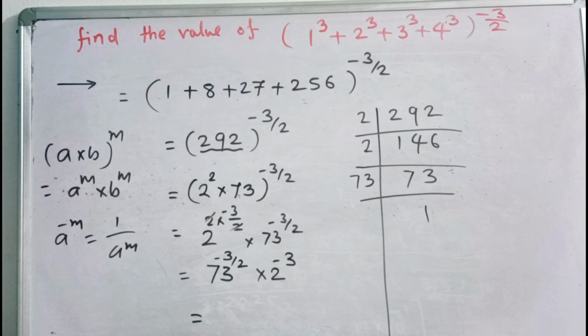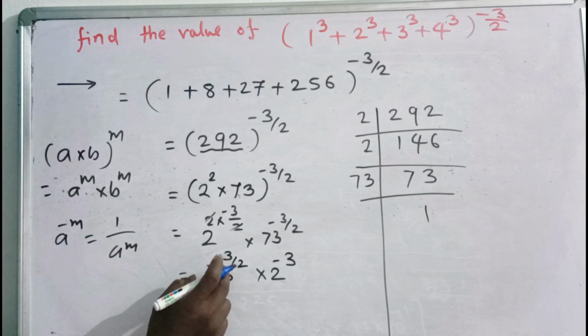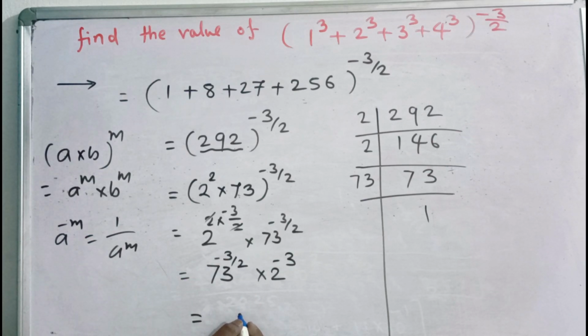Using this property, both go down. 1 upon 73 raised to the power 3 by 2 into 2 raised to the power 3.